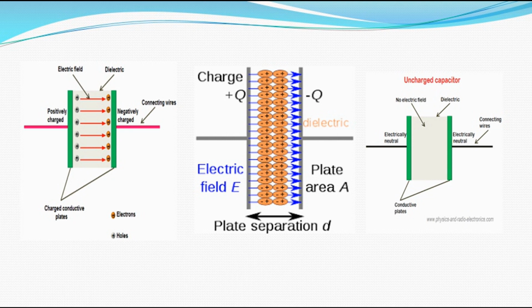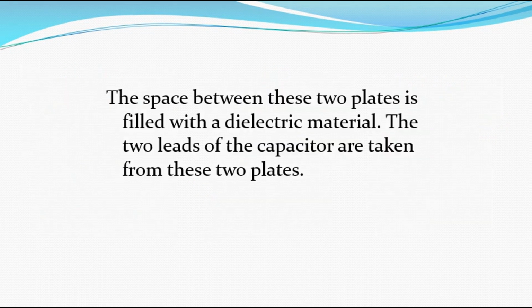This one is positive, this one is negative. Here is positive, here is negative. And this area is called electrically neutral, that is, when there is no electric influence.